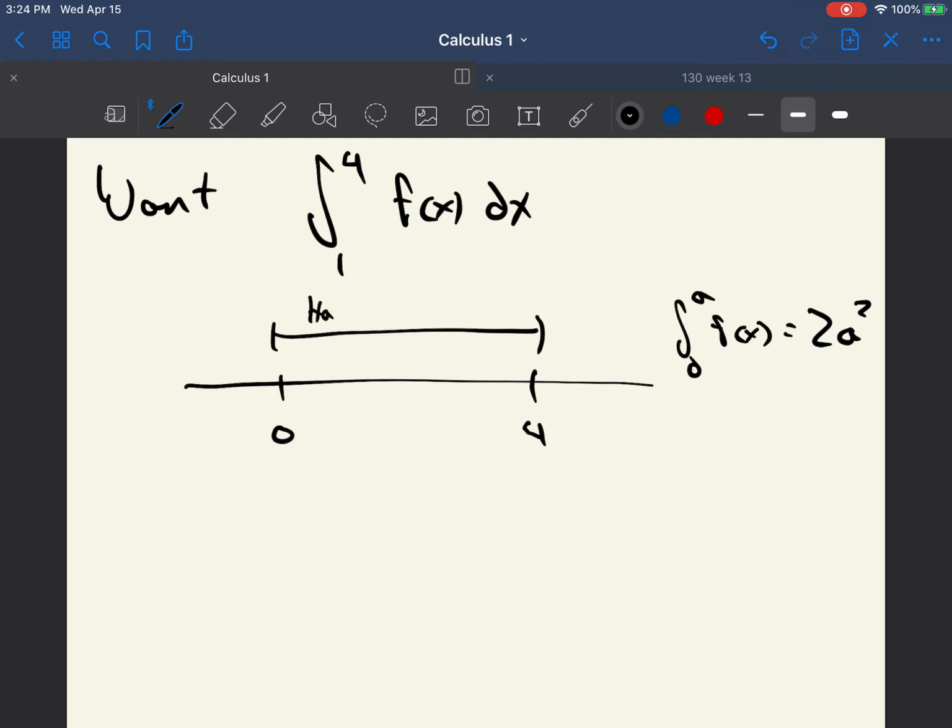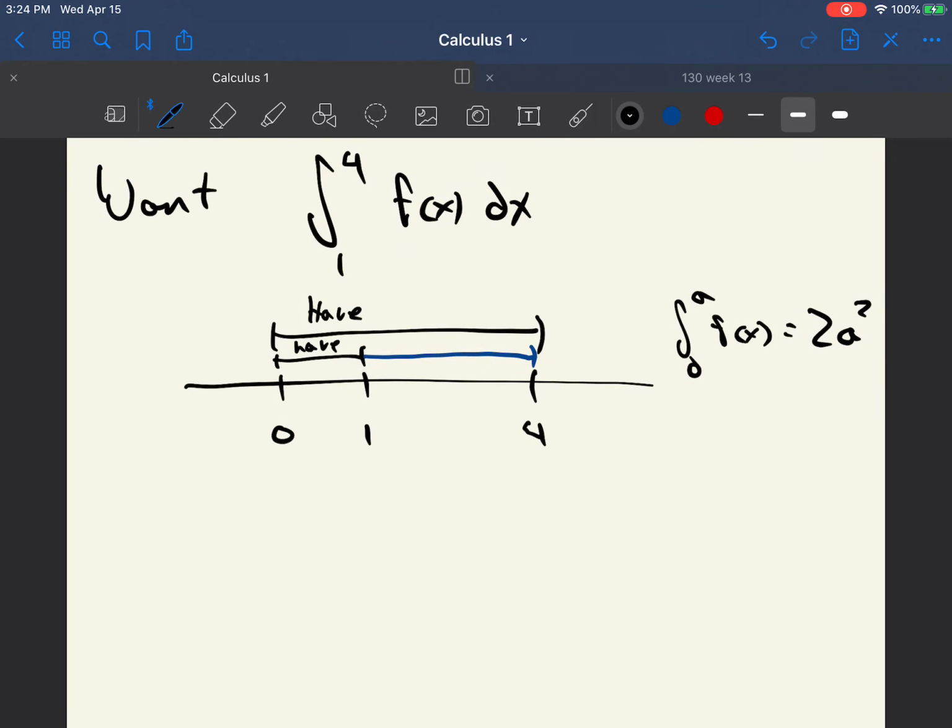I know this, right? So we have this. I also know, for example, the integral from 0 to 1, right? So I know the integral from here to here. We also have this. What I want is the integral from 1 to 4, right? So I want to know what is the area in that little interval, right? So what is the integral of f from 1 to 4? So you might be able to see how we're going to piece this together.